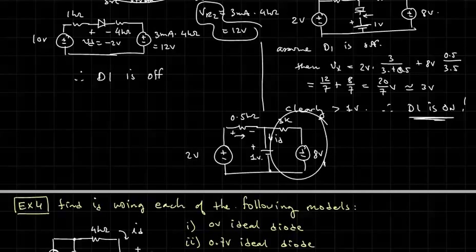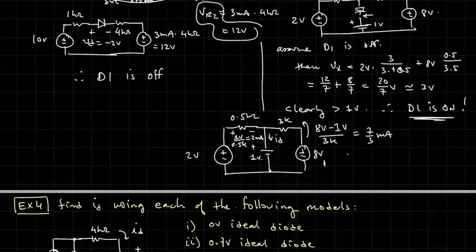So we will have 1 volt over 0.5, and so we'll have 2 milliamps. And flowing this way, we're going to have 8 volts minus 1 volt divided by 3K. So that'll be 7/3 of a milliamp.